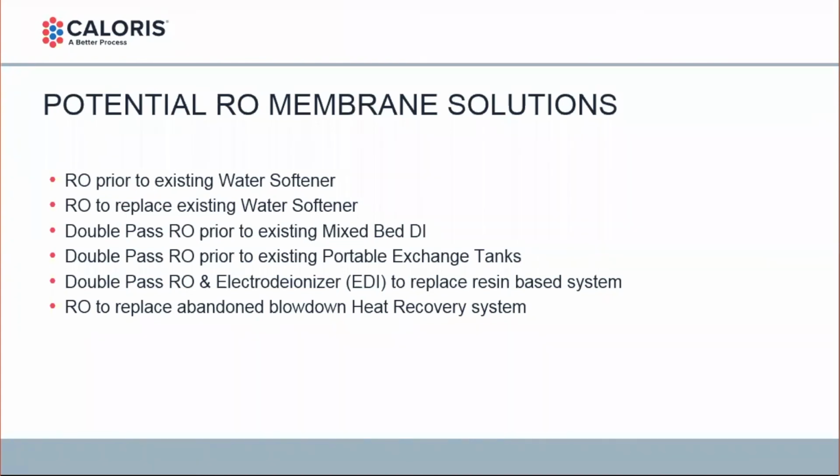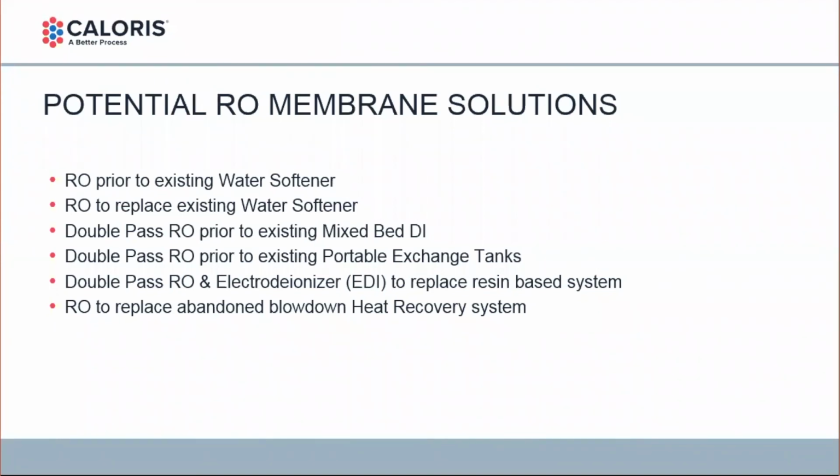Same principle with an RO in front of a portable exchange tank, to greatly reduce the operating costs of those portable exchange tanks. And then another solution, if you want to replace your resin-based system altogether, you just want to get rid of the chemicals, is to use a double pass RO followed by an electrodeionizer, or EDI, system.